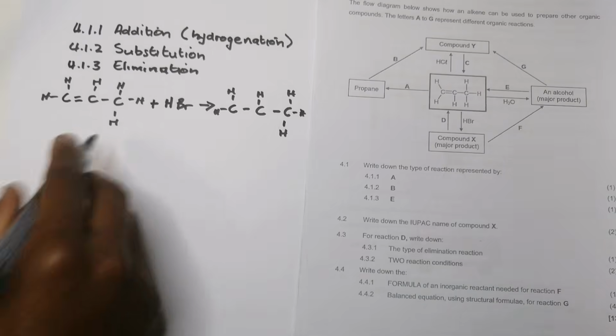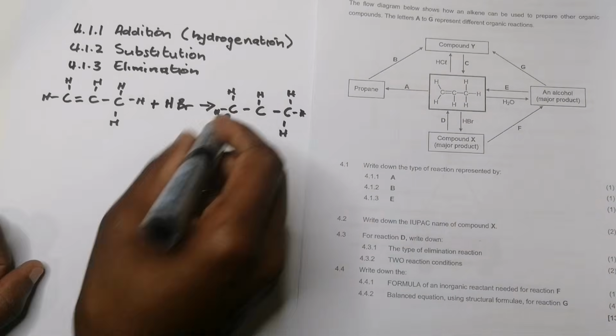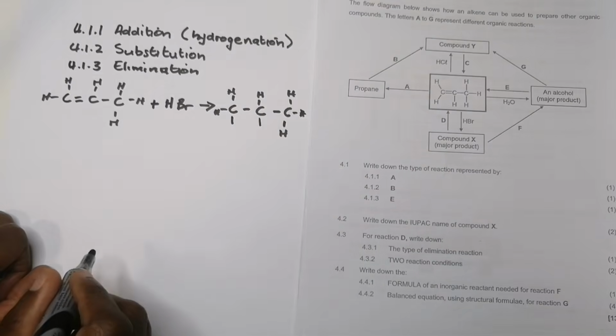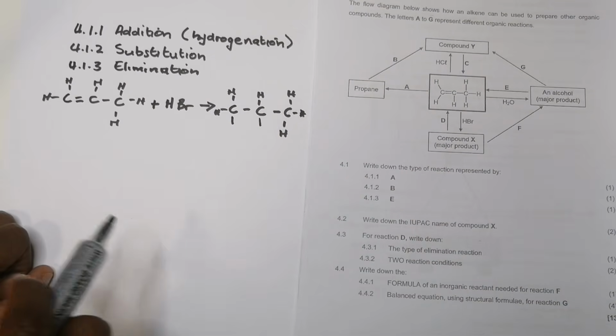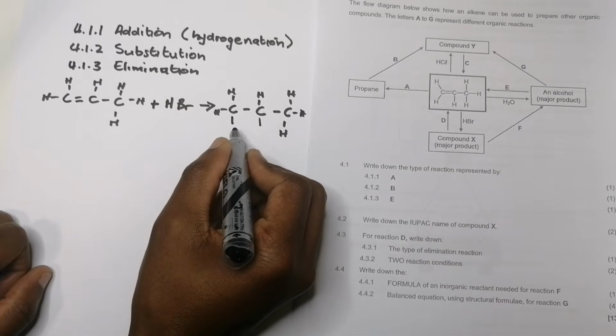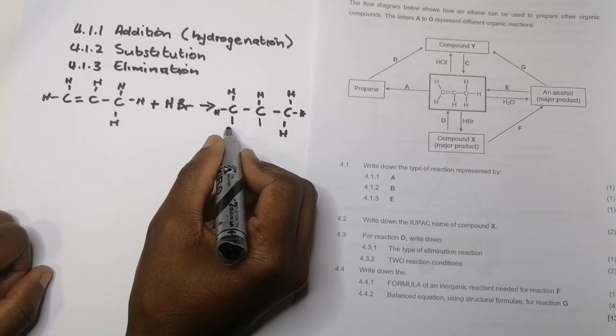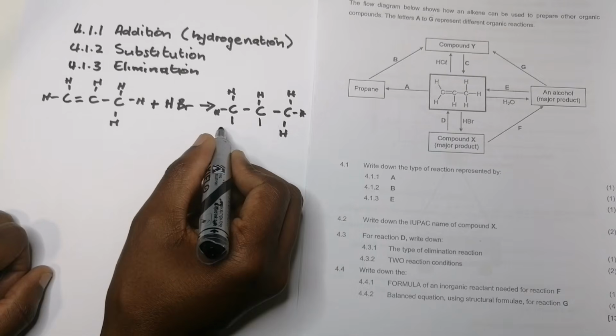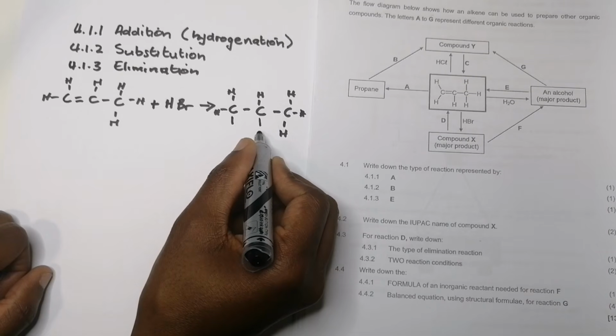If I break the second bond, called the pi bond, I've got two arms available. I could have hydrogen here and bromide there, or a bromide on the first carbon and hydrogen on the second carbon.